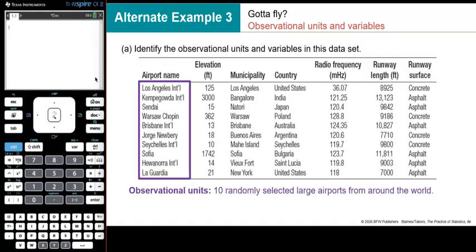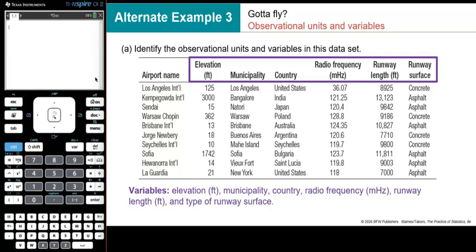So the rest of the columns are the variables there. So variables are all those different things. So which ones are categorical and which ones are quantitative? And I don't think this one has anything too tricky. So number-wise, probably elevation. Is that something that's counted or measured? Sure, you would measure elevation, I would think.